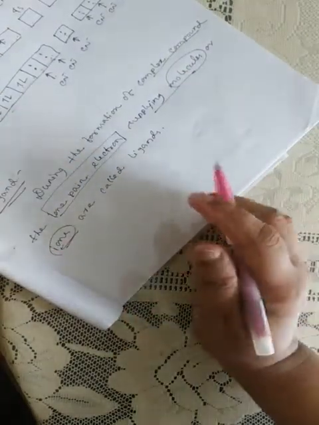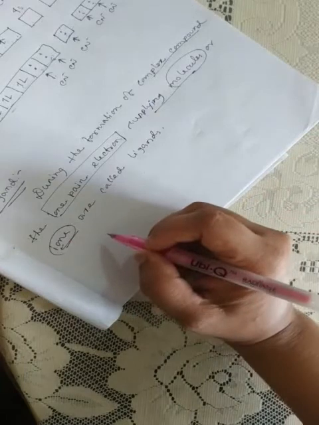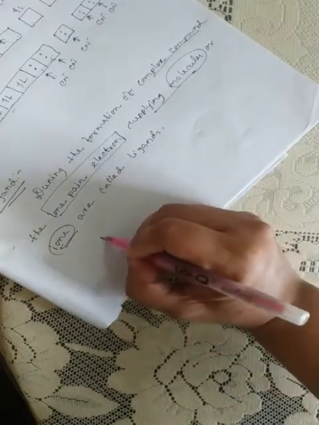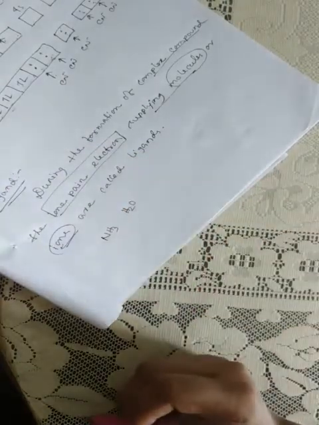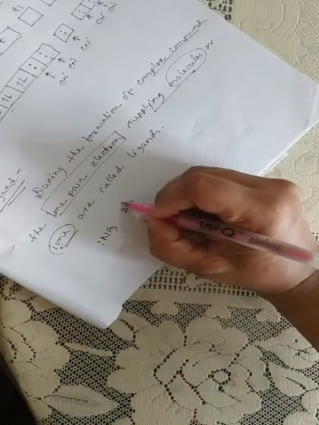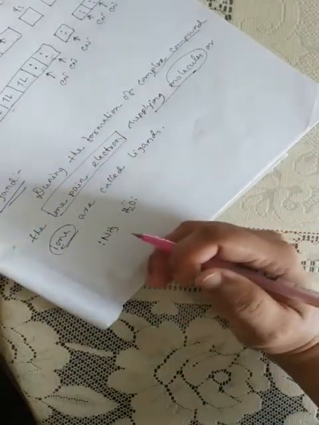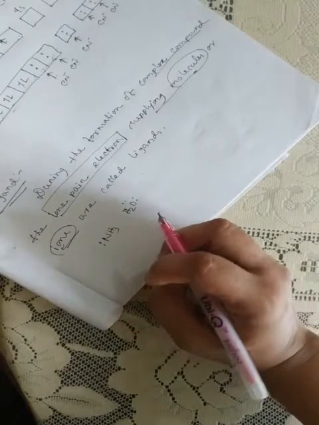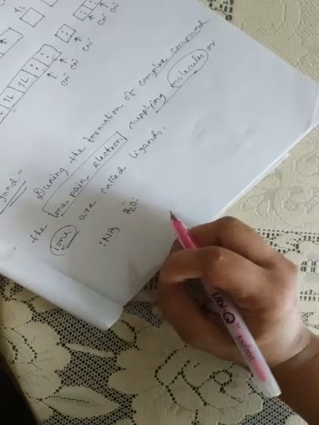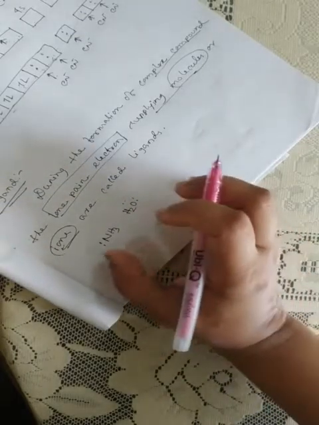There are two types of ligands, neutral and charged. Neutral ligands: ammonia, water. Why? Since they have lone pair electrons. That means any electron-rich compound or molecule, or negatively charged ion, acts as a ligand.